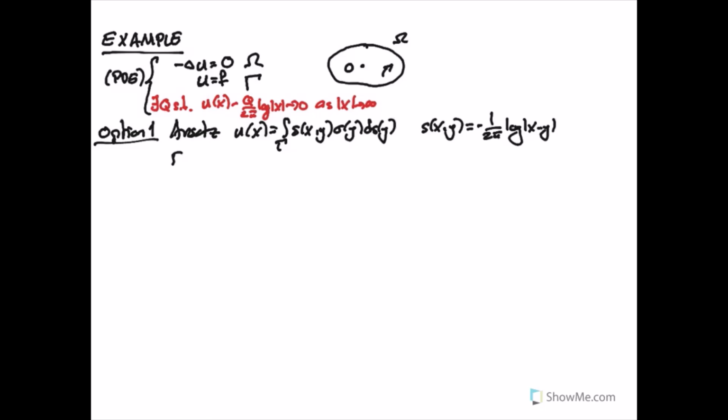And then the resulting boundary integral equation, because this u that I just wrote down is continuous, following exactly as in the case of an interior domain, everything just basically looks exactly the same.